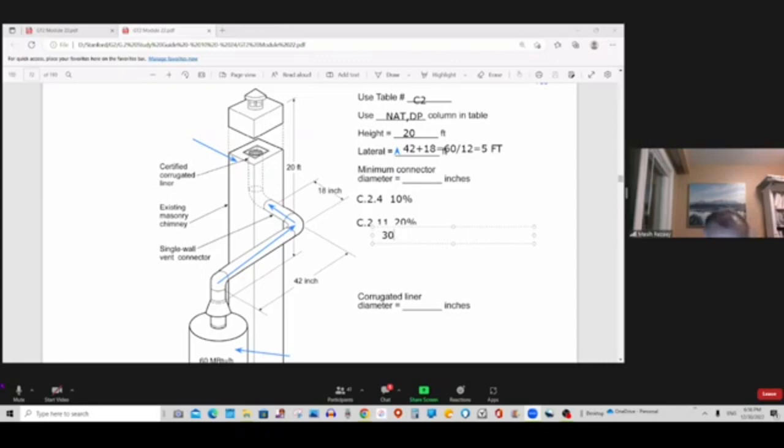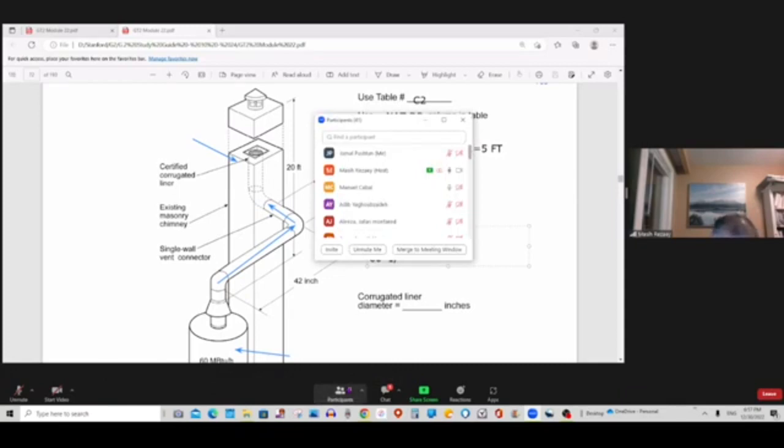Now, sir, 30% means that you have to adjust your appliance, okay? This appliance is how much? 60,000, right? 60,000 times 1 divided by 100 minus 30.